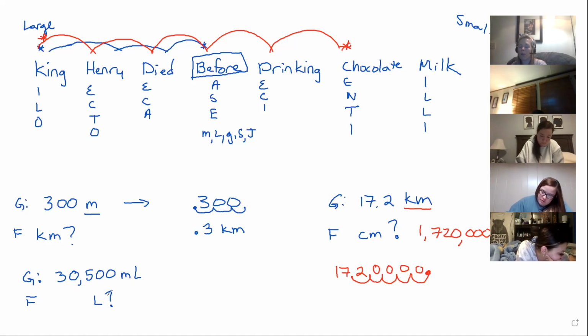We do that conversion a lot. We go from liters to milliliters quite often. So look at your King Henry chart, figure out what unit you're starting with, what you're ending with, count your hops, and then move the decimal in the same direction. I'll give you guys about 30 seconds for that.